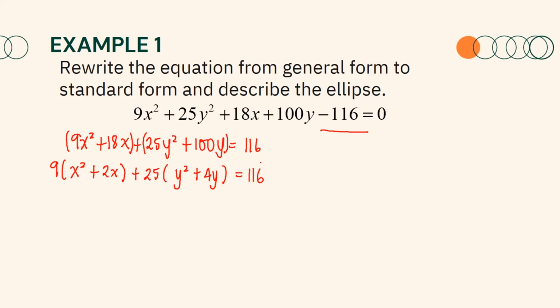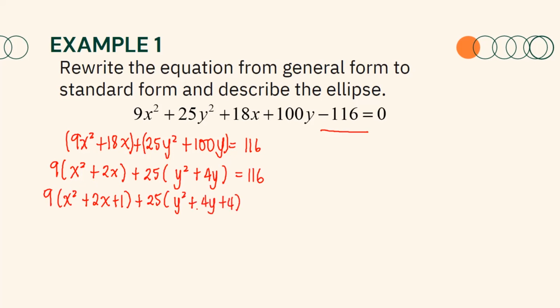Then, let us do completing the square on these two binomials here. Therefore, we will have 9(x² + 2x + 1) + 25(y² + 4y + 4).